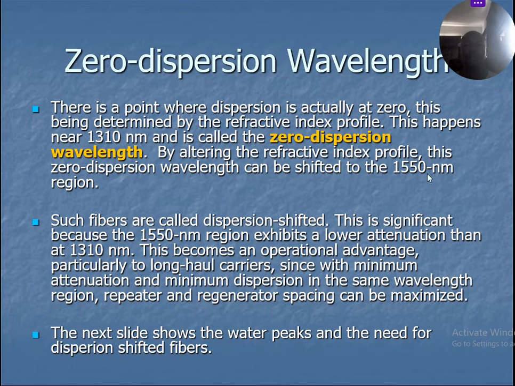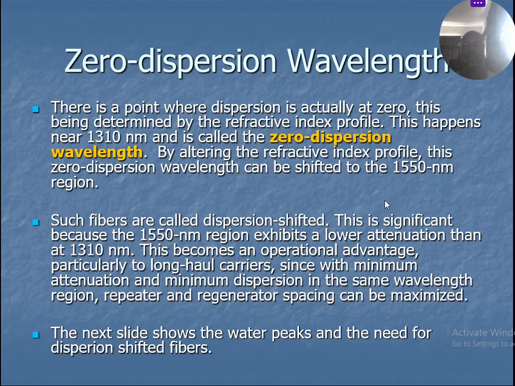By altering the refractive index profile, the zero dispersion wavelength can be shifted to another value, maybe the 1550. So what we did when we were bringing the new wavelength for optical fiber of 1550 nanometer, we just played with the refractive index profile. So we changed the characterization of the speed of light in the medium within itself.